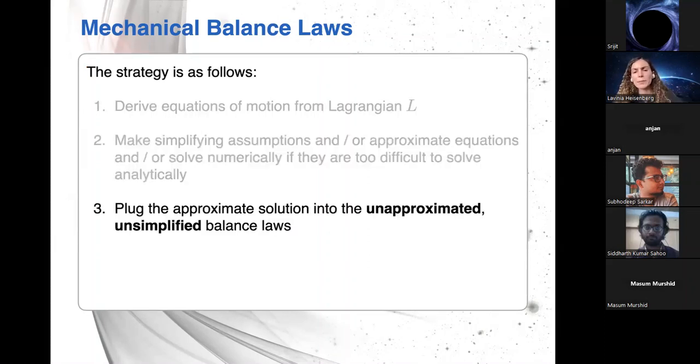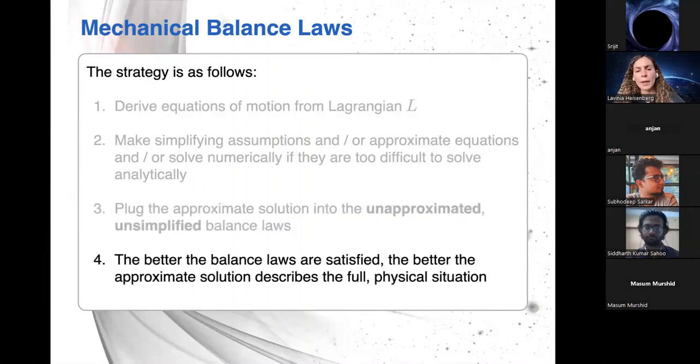And then plug this approximate solution into these unapproximated, unsimplified balance laws. Then you will see the amount of error you made by your approximate solution. And the better the balance laws are satisfied, the better the approximate solution describes your full, correct physical situation.